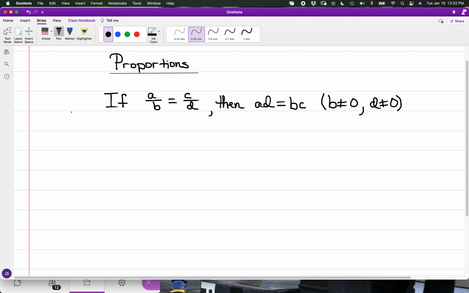As an example of a proportion, say we are solving for x: 2 over x plus 4 is equal to 1 over x minus 3.